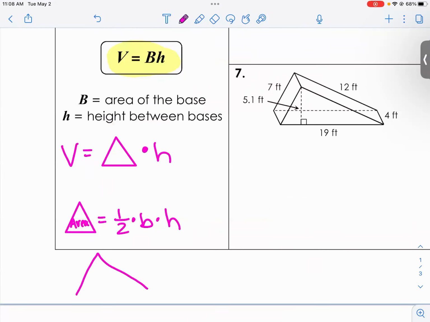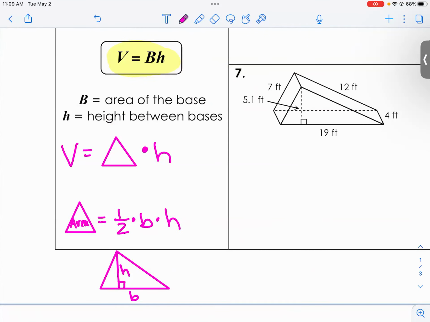And when we are looking for a base and height of a triangle, the base and the height need to be perpendicular to each other, okay? So there needs to be a right angle. There needs to be that right angle.